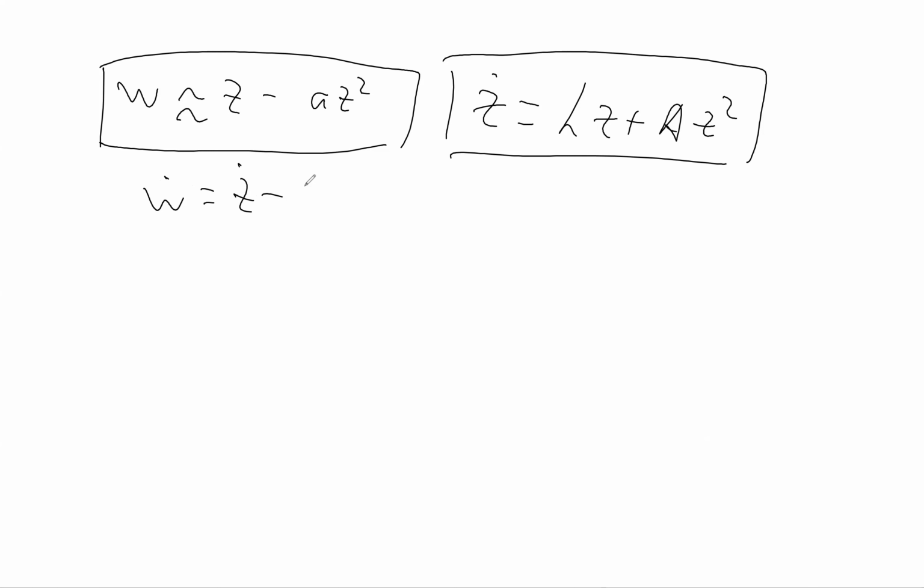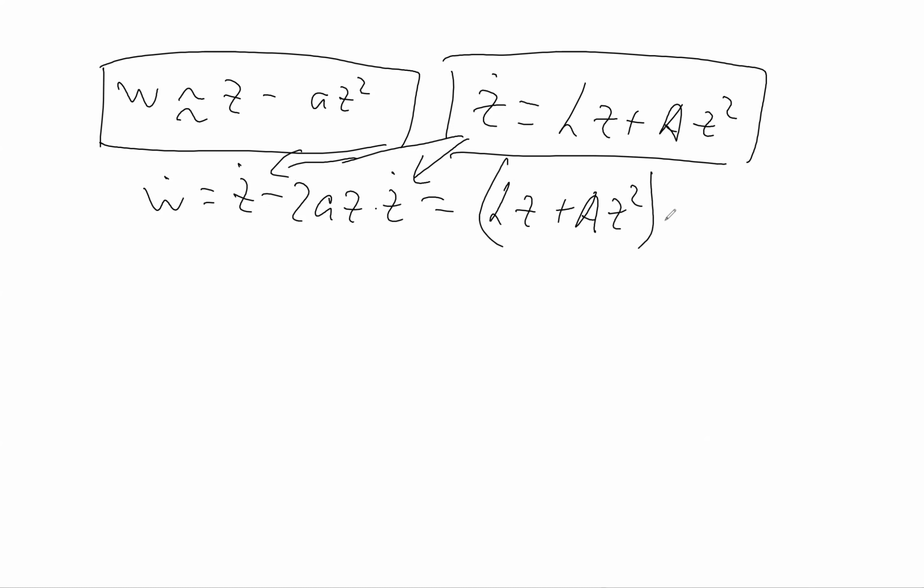Because 2 appears here: if we take the derivative of this, it's 2 times 8z times z dot. So now the 2 is correct; before, the 2 was extra. And now z dot we know, so we put this z dot here and z dot here. It will be lambda z plus 8z squared minus 2a z times lambda z plus 8z squared.